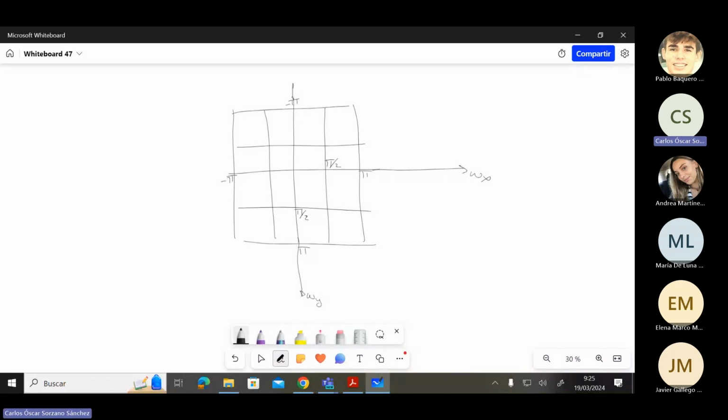Let's put numbers to all these regions. So let's say that this is the 0, 0 frequency. Let's say that this is region number 1, number 2, number 3, 4. Check if I'm following the same region.